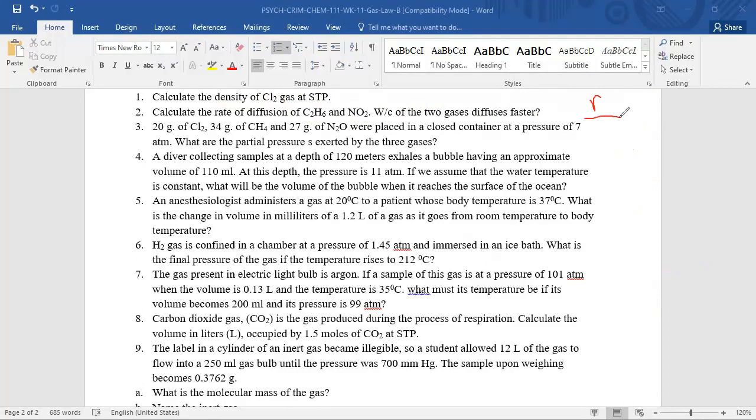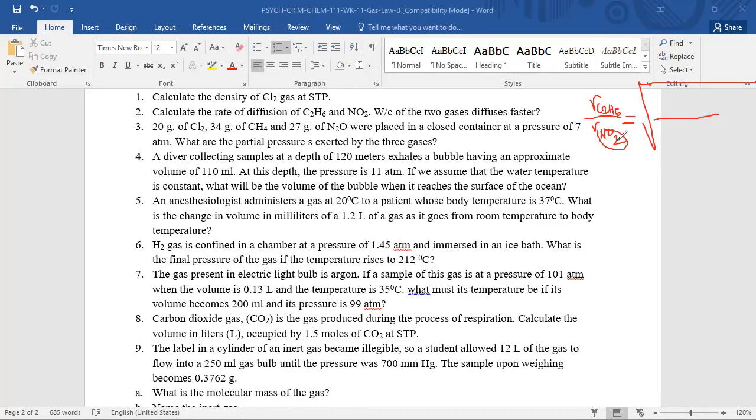For this example, the rate of C2H6 over the rate of nitrogen dioxide equals the square root of the molecular weight of 2. What is the molecular weight of NO2? It is inversely proportional, right?